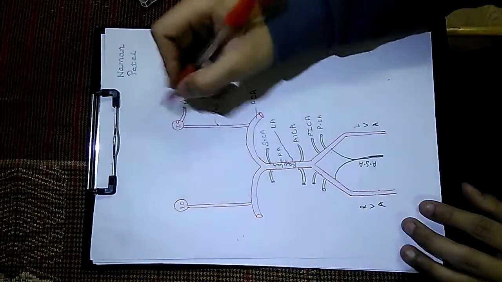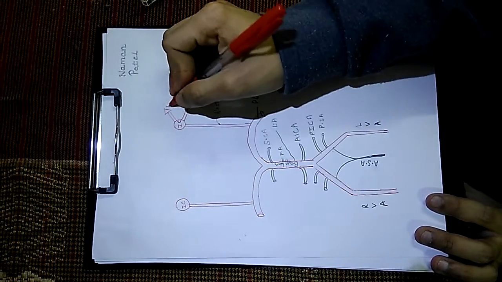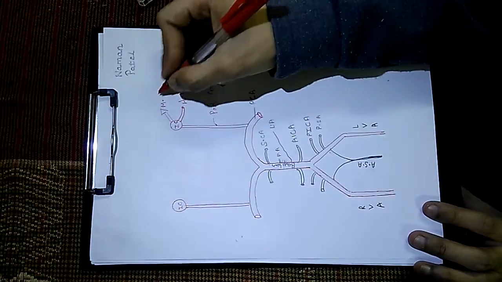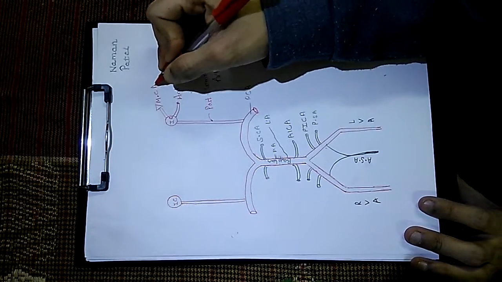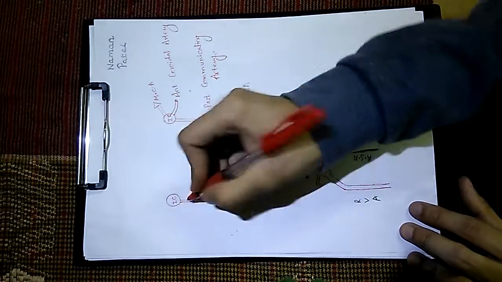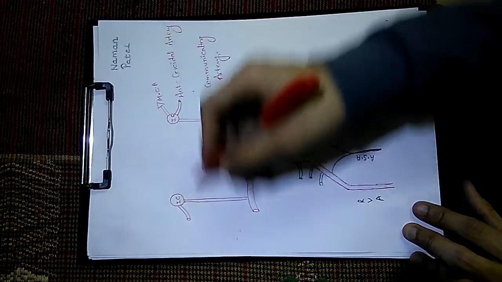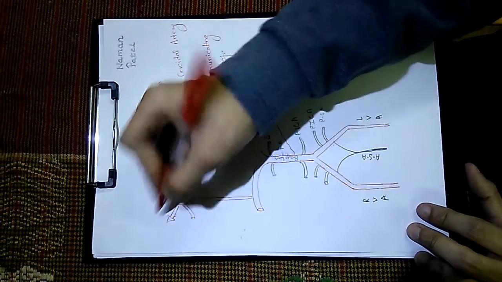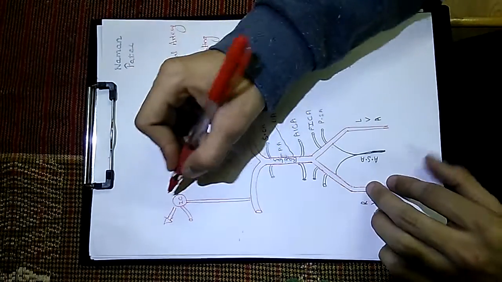Now next comes the middle cerebral artery, which is going to the lateral part to supply blood to the lateral part of the cerebrum, middle cerebral artery, right? And now let me draw the same here also, the anterior choroidal artery, and this one will be the middle cerebral artery, sorry.